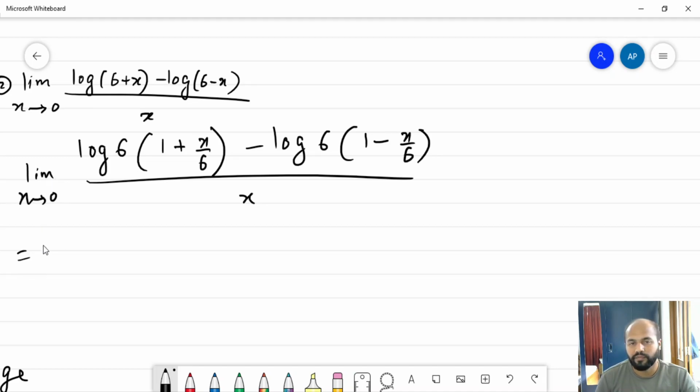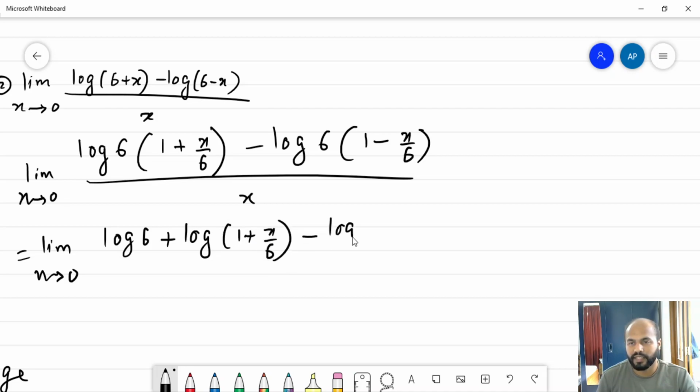So we will have limit x tending to 0 of log 6 + log of (1 + x/6), minus log 6 minus log of (1 − x/6), divided by x.